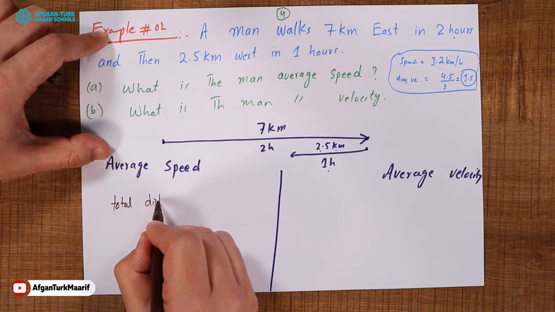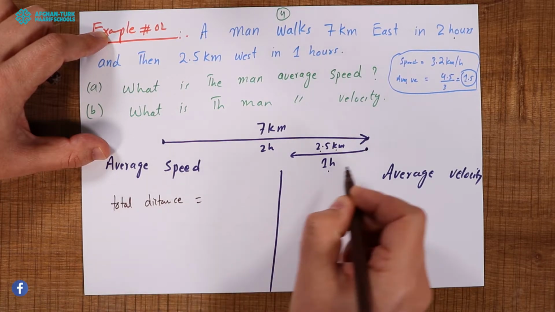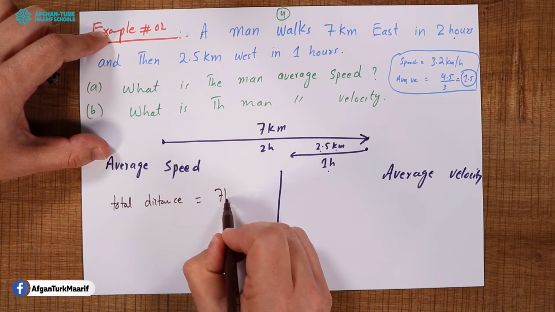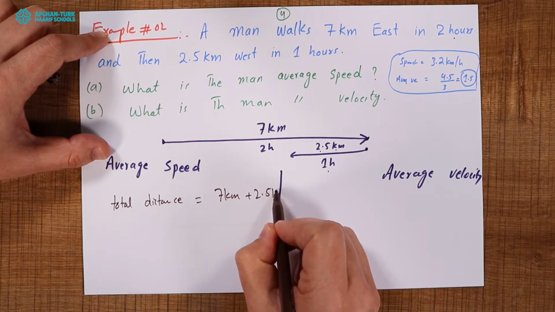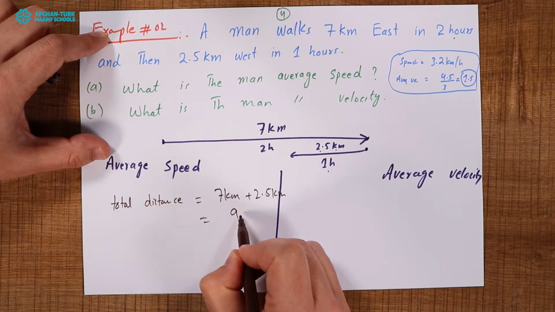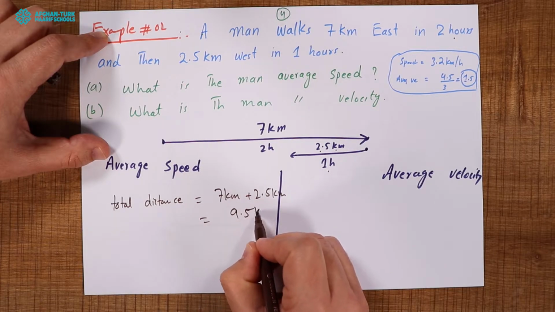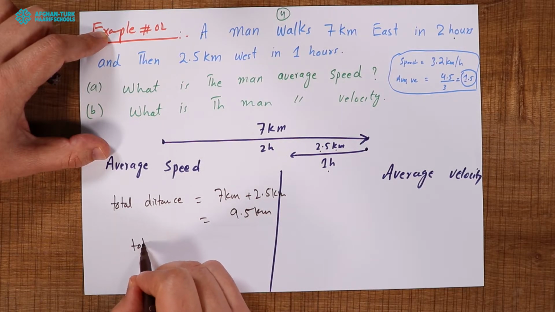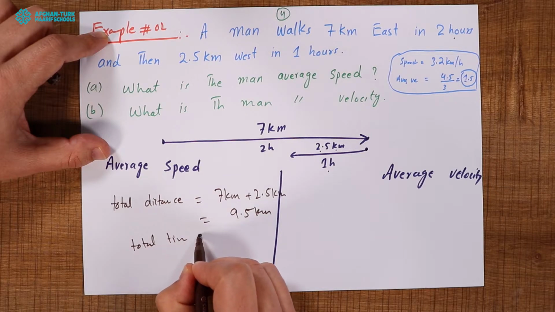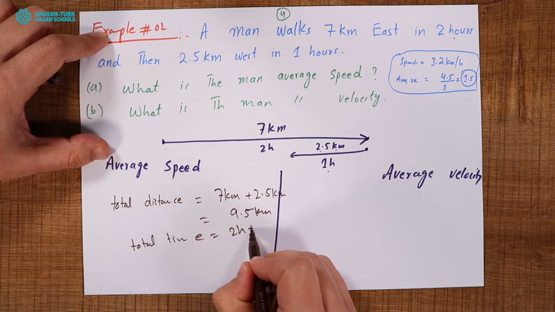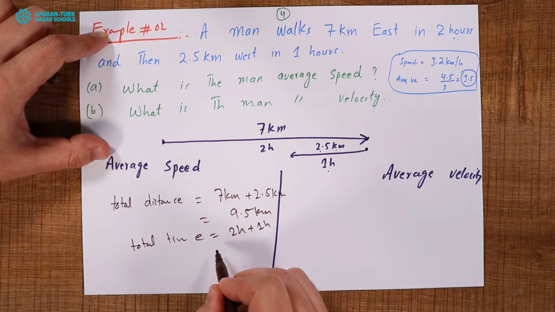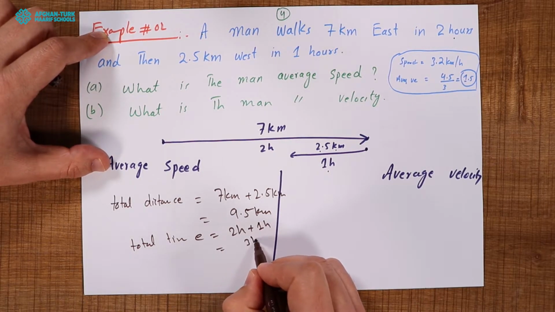Total distance is equal to 7 kilometers plus 2.5 kilometers, so this is equal to 9.5 kilometers. Total time is 2 hours plus 1 hour, which is equal to 3 hours.